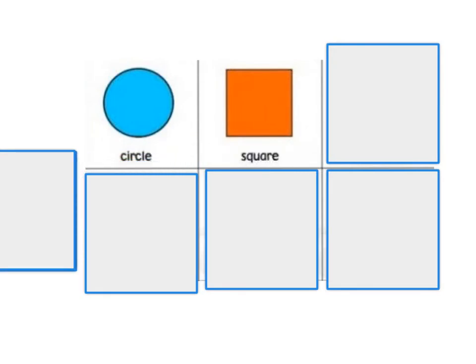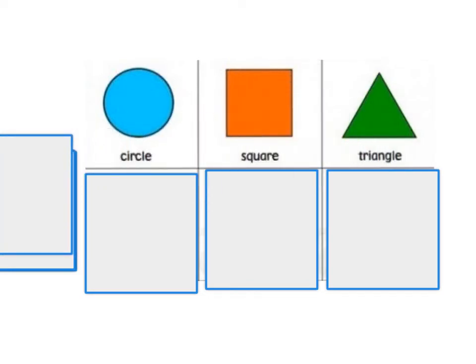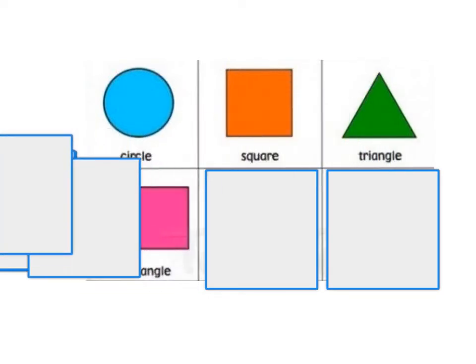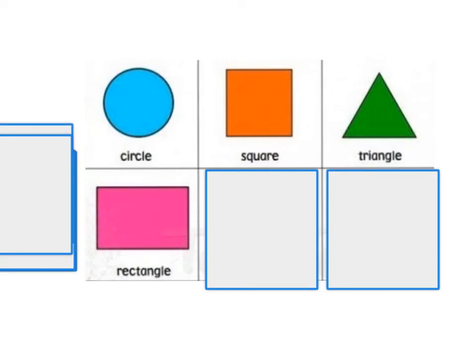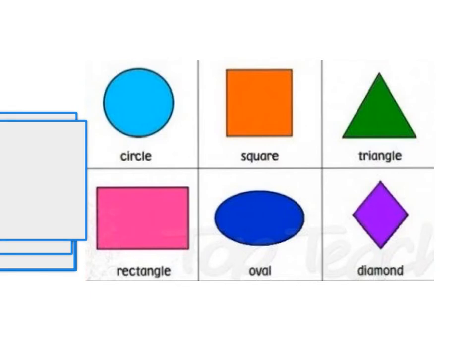A square. The next shape? Triangle. Rectangle. Oval. Diamond. Yeah?